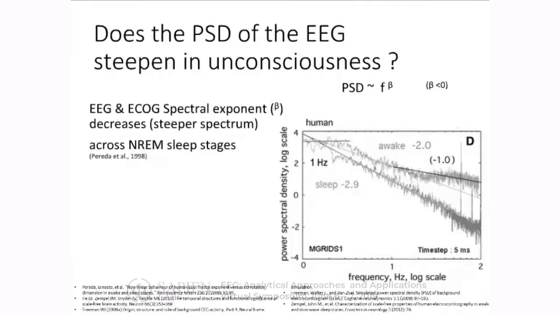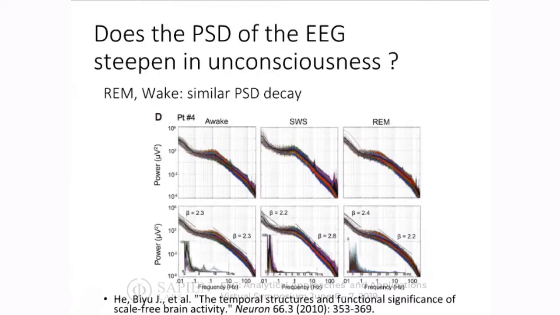It seems that there is a decrease across the non-REM stages, with the lowest exponent, so the most negative exponent, in slow sleep, so the steepest spectrum appears in slow sleep. Interestingly, in the one subject studied by Liu He with ECoG, REM in the frequency range of interest above 1 Hz seems pretty much similar to the awake state, with the results of slow sleep being confirmed.